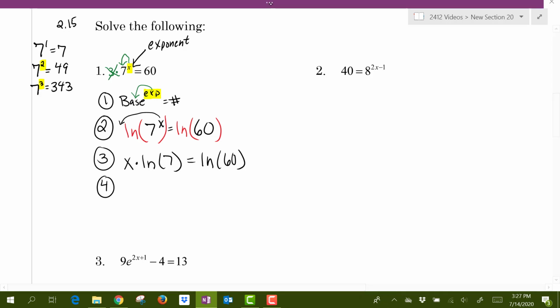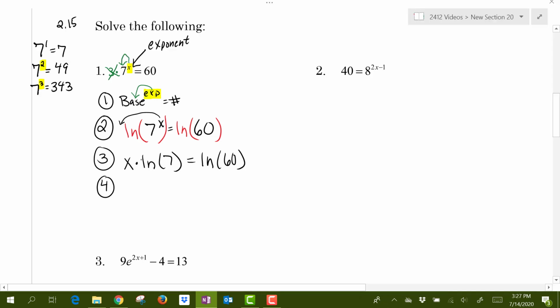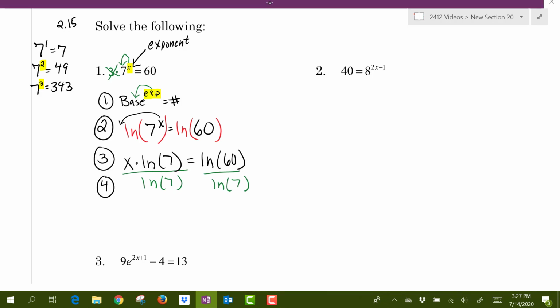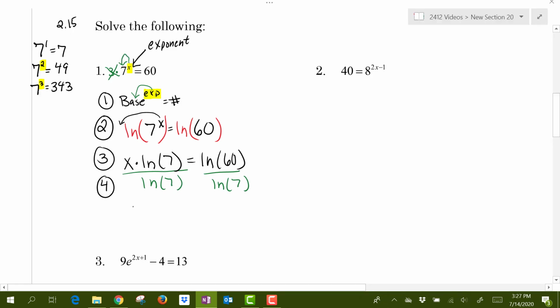So I want to get x by itself. So I want to get rid of what's being multiplied times x, so I'm going to divide both sides by the natural log of 7. So that gives me a final answer of the natural log of 60 divided by the natural log of 7. This is the exact solution.